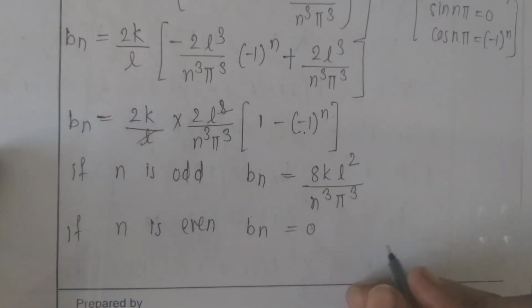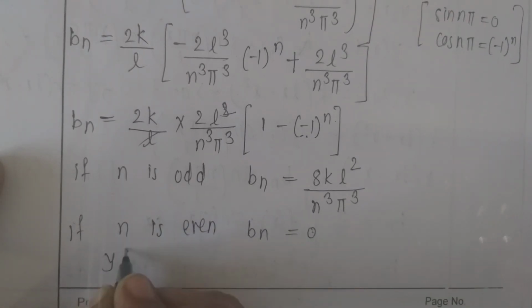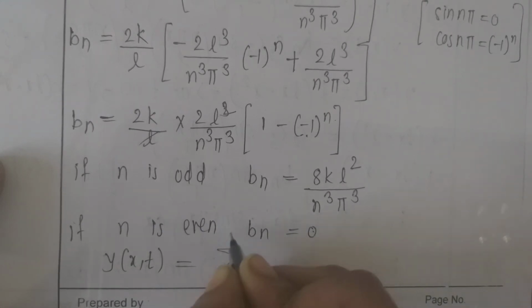So putting this Bn value in the solution, that is y of x,t is equal to, for a number of values we can write the summation starting from n equal to 1 to infinity.